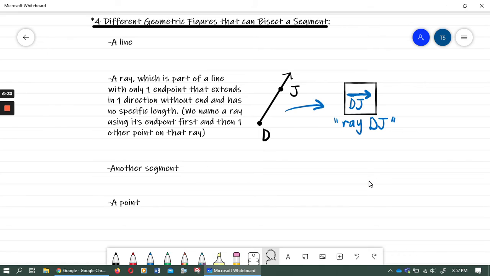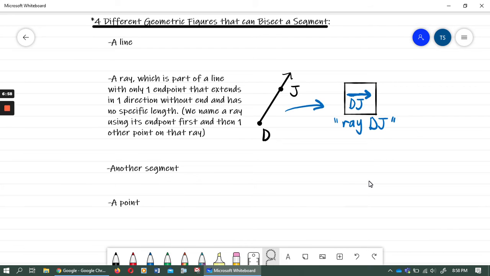Guys, a ray is part of a line with only one endpoint that extends in one direction without end, and it has no specific length. And guys, we name a ray using its endpoint first and then one other point on that ray.